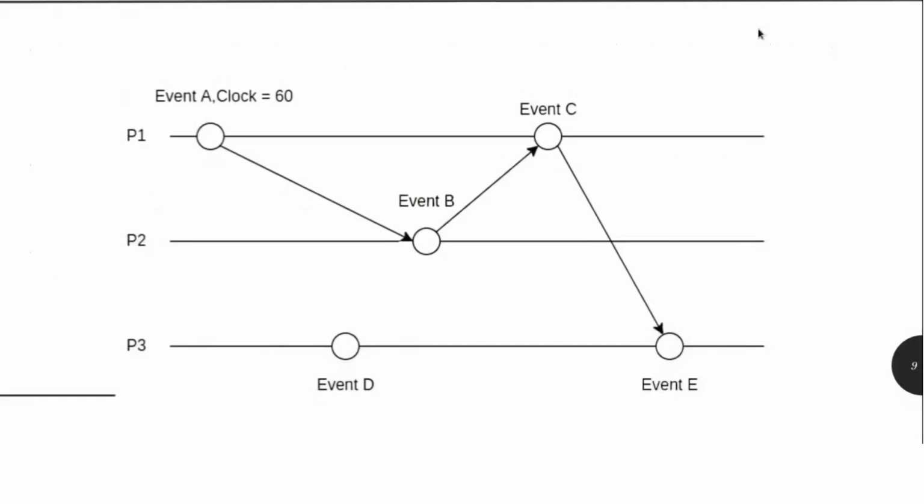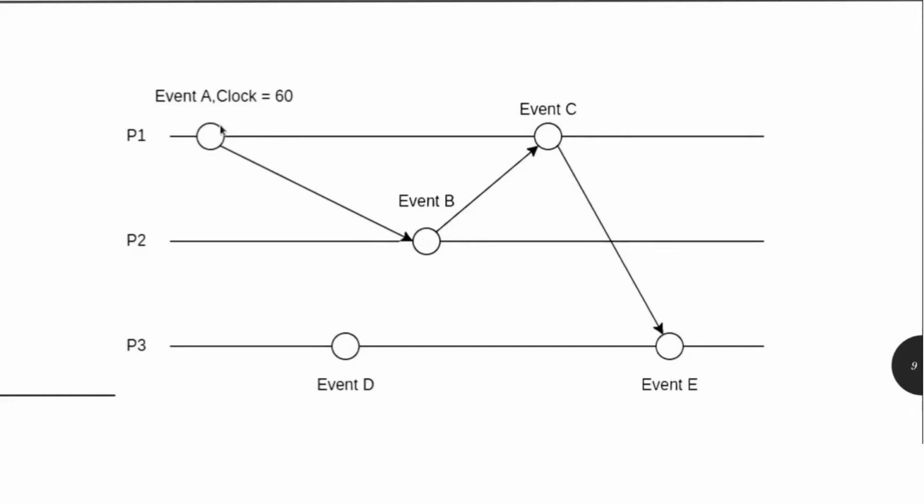So if we have the following set of events happening in our system, let's say that P2 says that in order for him to start executing event B, he needs to first wait for event A to happen. So event A is causing event B to happen. So it is actively waiting until event A starts existing.